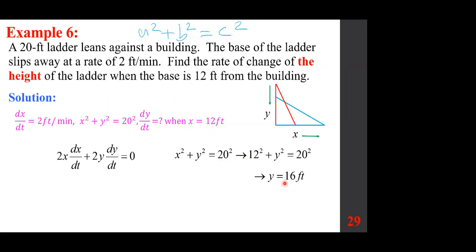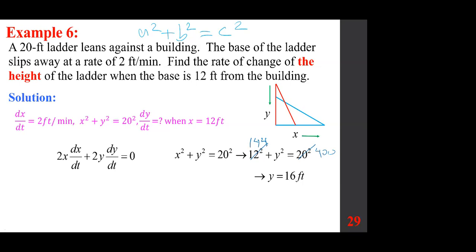Subtract 12 squared, which is 144, from 20 squared, which is 400. Take a root and you get 16 feet. Okay, just in case. Those numbers are pretty straightforward. This is 144. This is 400. Okay, class. And so y squared is 256, and you do the math, you get 16.